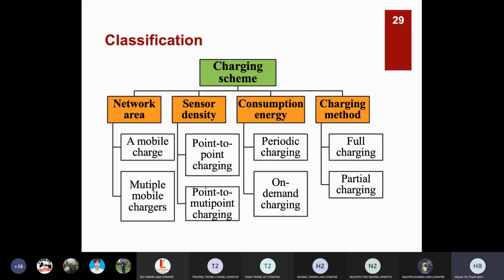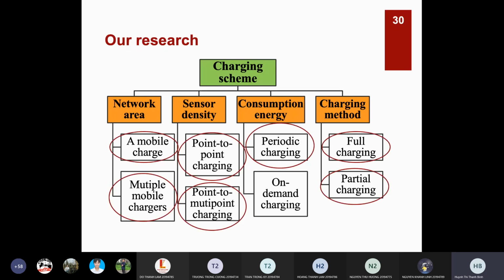And here's the classification of charging schemes. Some issues are related to a single mobile charger or multiple mobile chargers, point-to-point charging or point-to-multiple charging, periodic charging, full charging or partial charging.